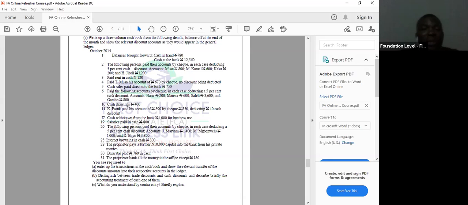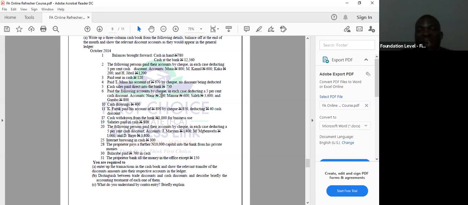Okay, so please let me call attention to this. Cash sales paid directly into the bank. So it was a sale that was paid directly into the bank. So it means that what? The bank is the one that receives it straight. So sales and bank. Now, assuming it was not paid directly into the bank, if it was formerly cash, then you now take the amount and pay it to the bank, then you can write it as a contra entry.